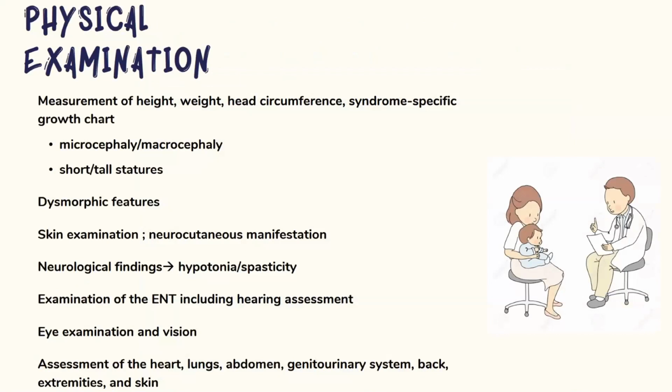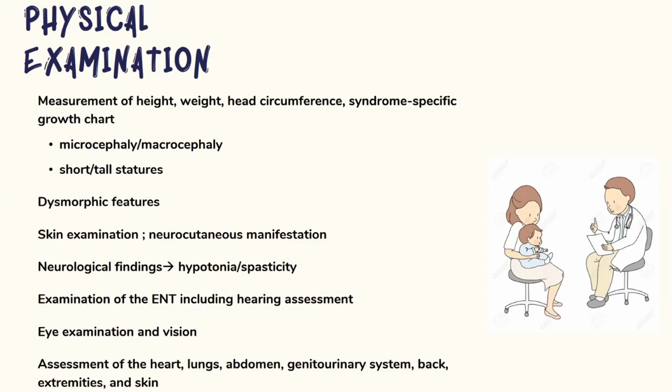So for physical examination, we measure the standard growth parameters: the height, weight, head circumference, and if the child is already known to have any syndrome, there will be a syndrome-specific growth chart. And then we also look for microcephaly or macrocephaly.